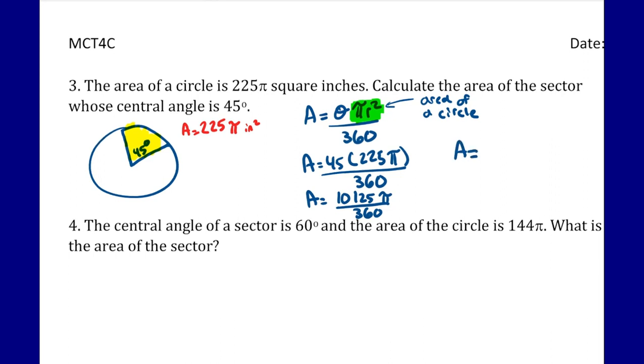So when I do 10,125 times pi divided by 360, so 45 times 225 times pi divided by 360, I get 88.4 inches squared. So here I can't really rewrite my final answer.